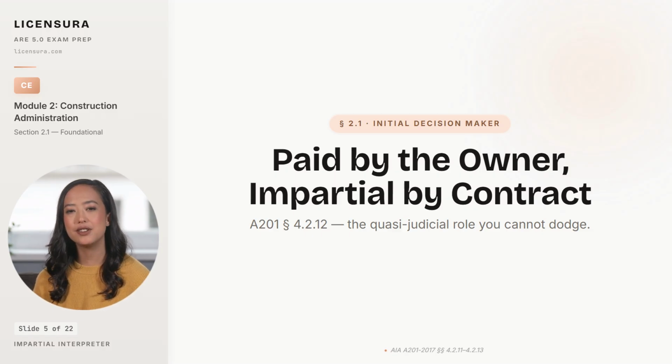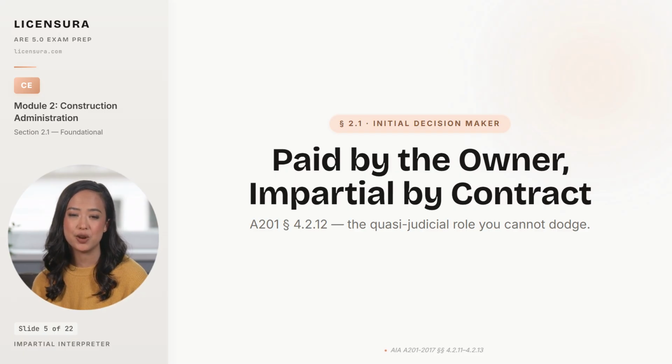This is not a soft suggestion. It is the express obligation of the architect serving as initial decision-maker under Article 15, and you adopt it the moment you sign B101. The role is quasi-judicial, which is the legal way of saying that the contract treats you, on these specific questions, more like a judge than like the owner's employee.